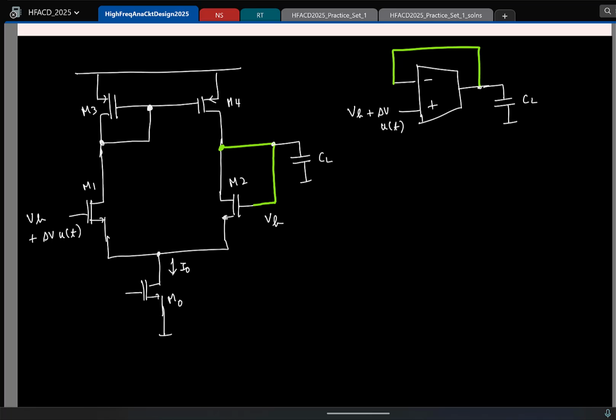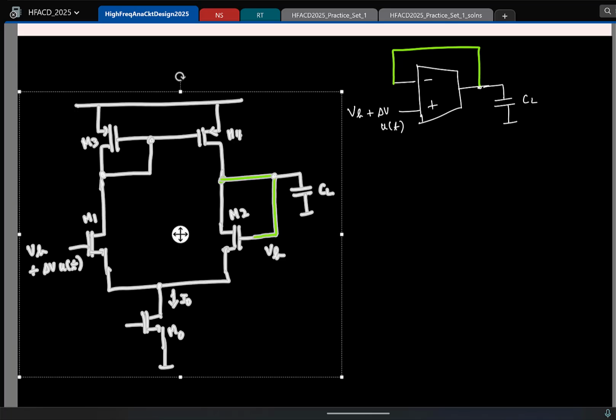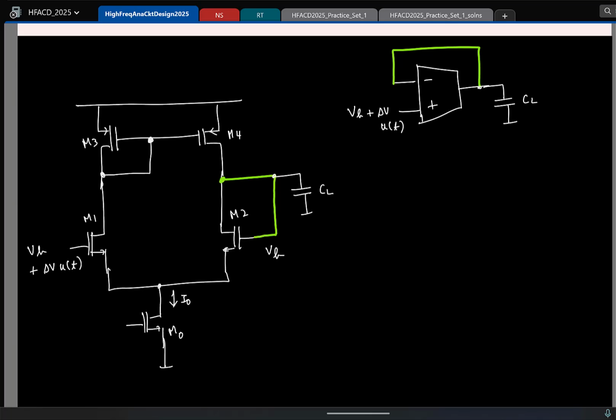Okay, and we already know that the output slope is maximum at what time instant? 0 plus. So I'd only look at the circuit. This is essentially a snapshot of what's happening at 0 plus. Okay. We know at 0 plus the output is 0. That is a small signal V out of 0. So the total V out is the bias voltage VB. That's what I've written here.